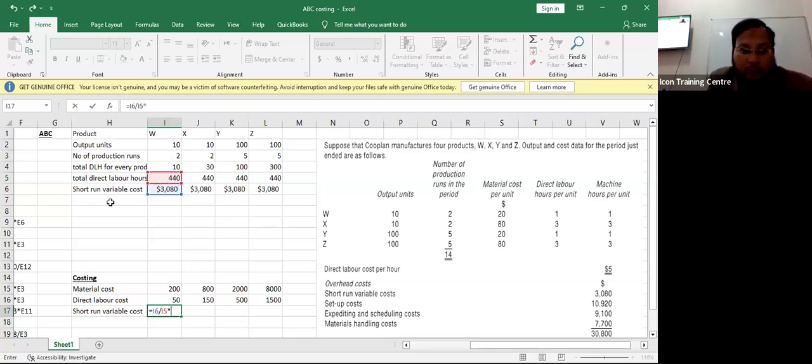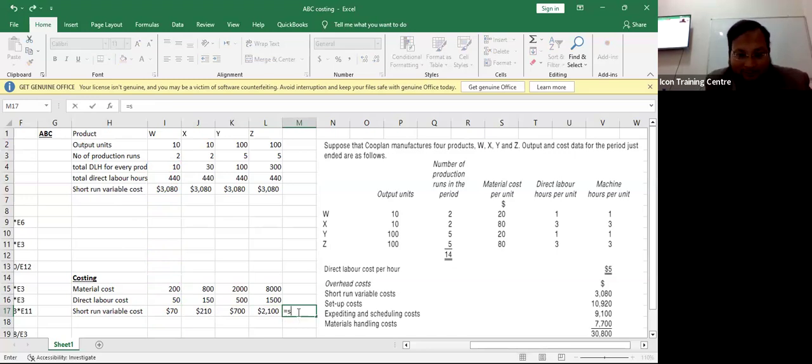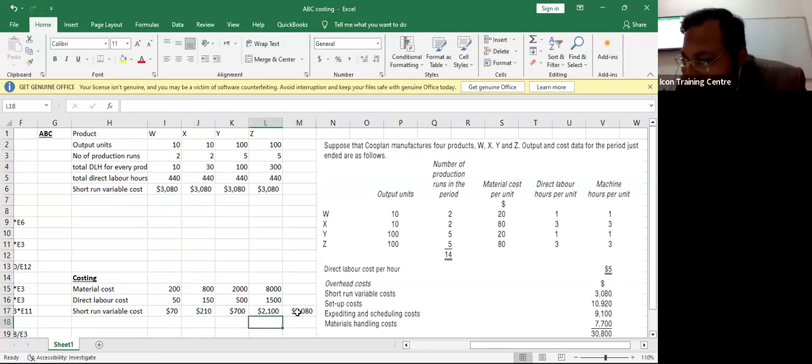And for product W, how many hours we work? And the sum will be 3080. Am I right? Is this clear?